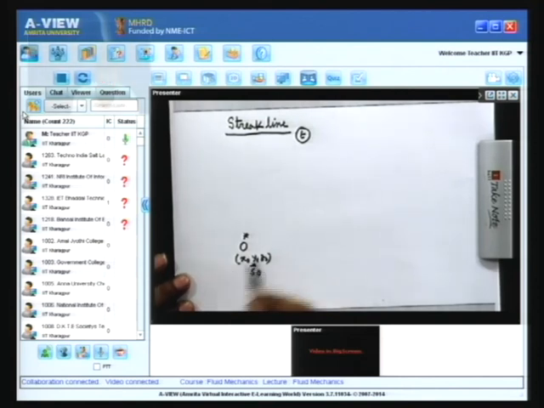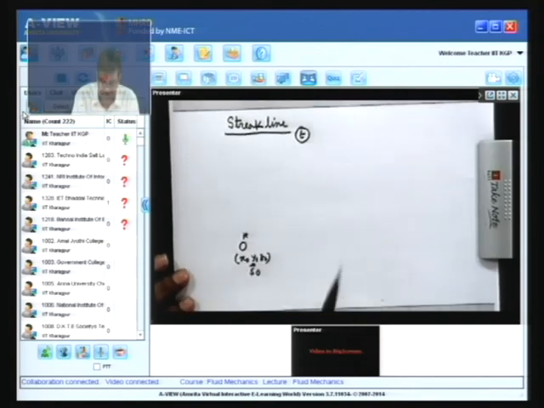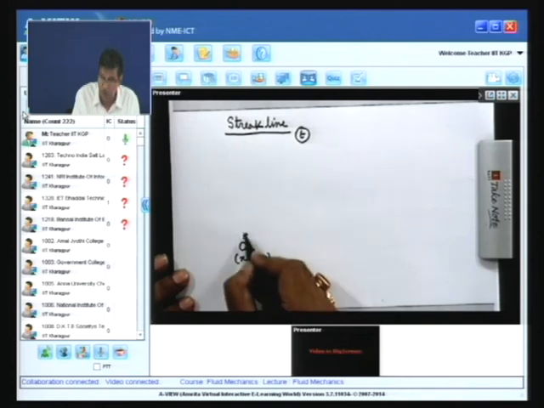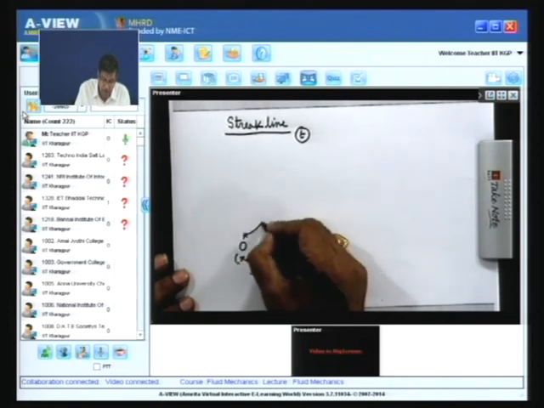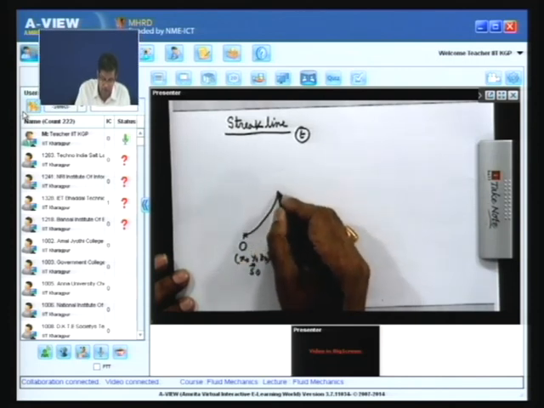Now we consider that our investigation starts at some time, a particle crossed this, and after that the particle has travelled some distance like this.